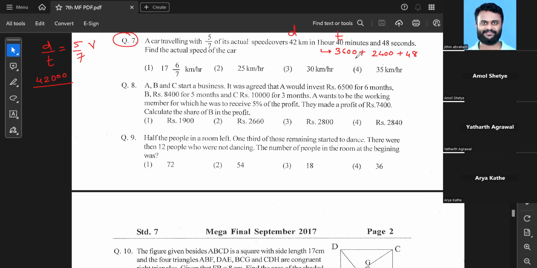When you add them, you should get 48 in the last two digits. That is equal to 5 upon 7v.